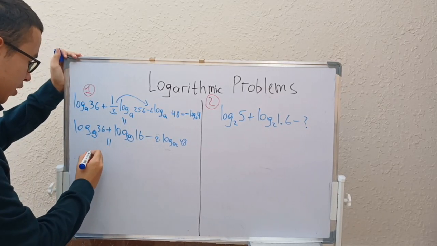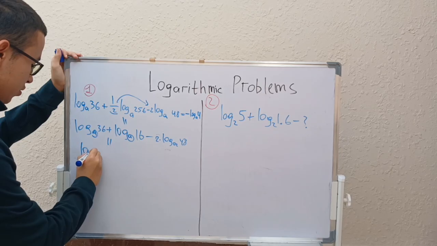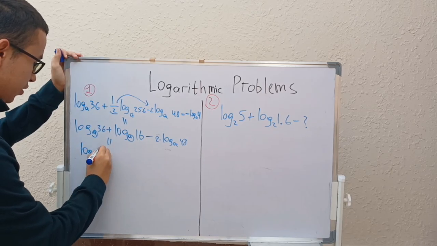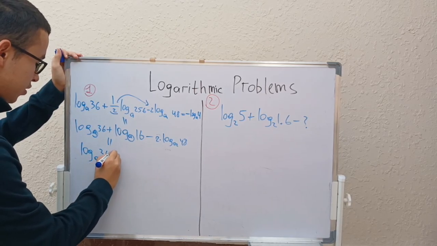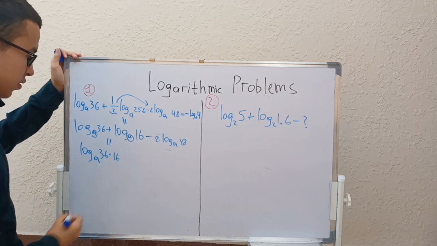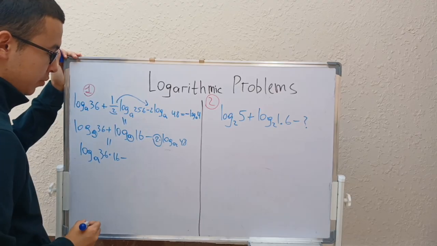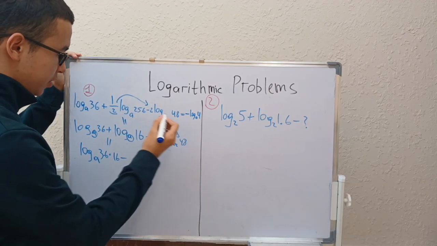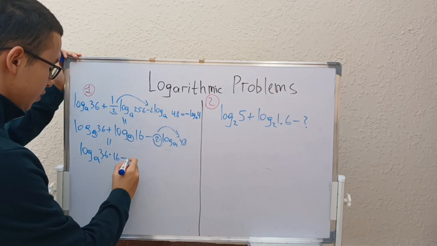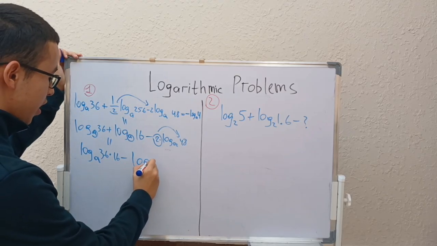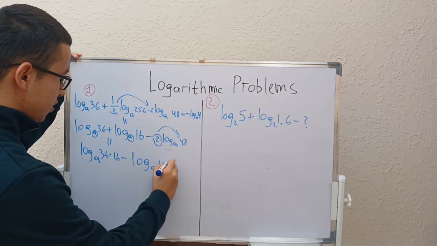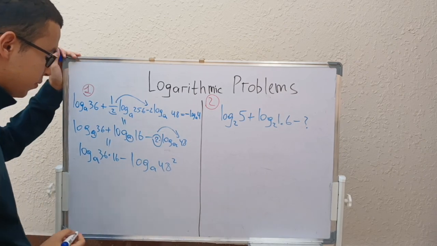So this would be equal to logarithm base a of 36 times 16, minus, because here we have multiplied by 2, we can bring the 2 into the power. It would be minus log base a of 48 to the power of 2.